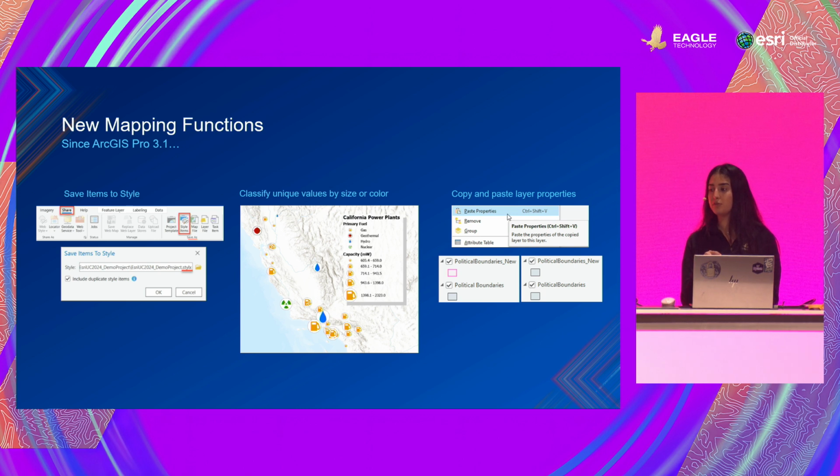You can just copy properties and paste it onto your new layer. And just as a teaser for Pro 3.4, with 3.4, you can select what specific properties you want to paste, like just the labels or just the colors.